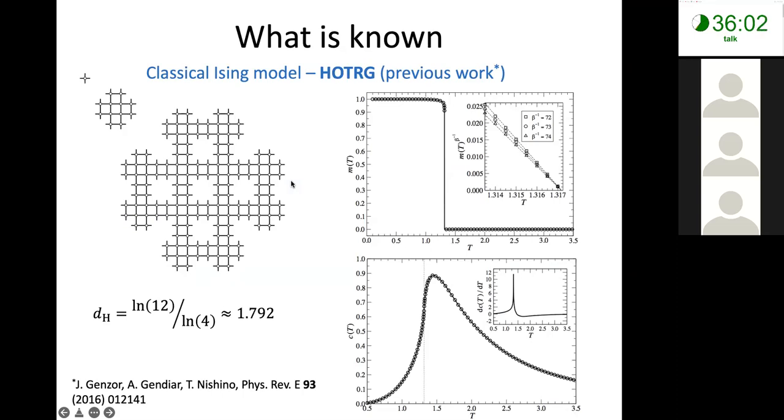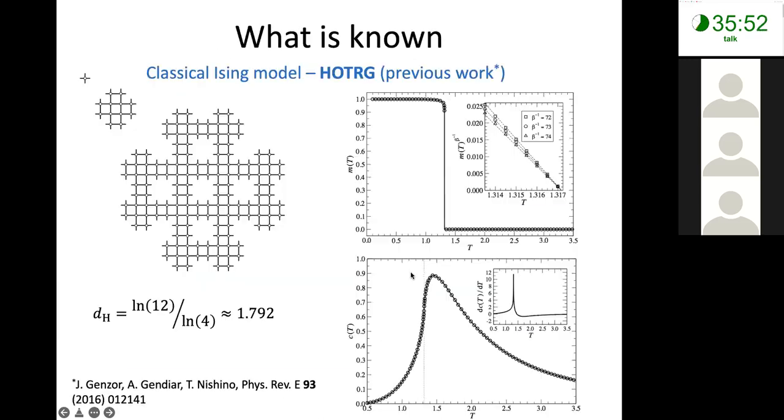From that, we extracted the critical temperature and the critical magnetic exponent beta. We showed that this magnetic exponent beta is roughly 1 order of magnitude smaller than that on the regular square lattice.